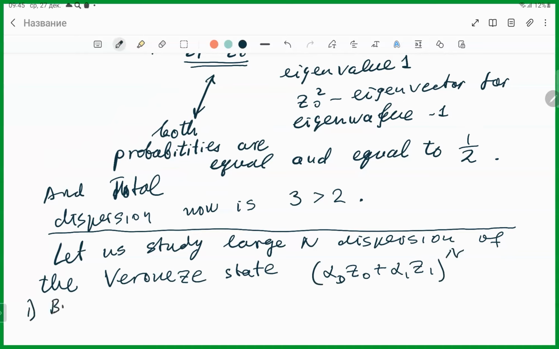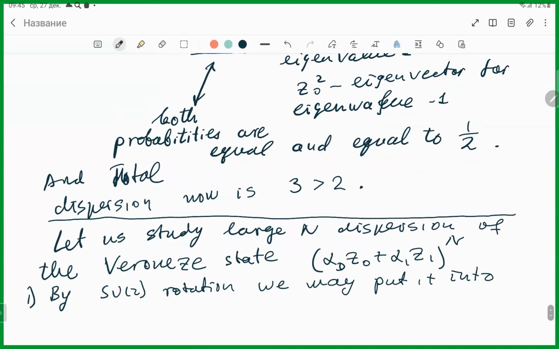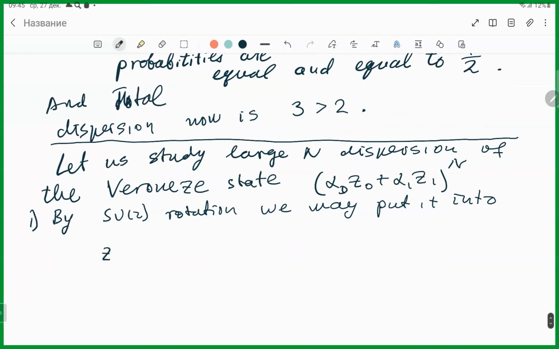First, by SU2 rotation, we may put it into z1 to the power n. Then I'll call the state psi up n.